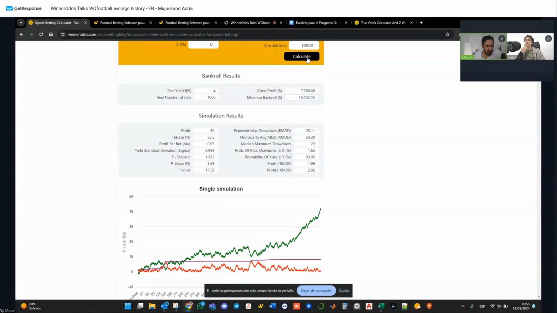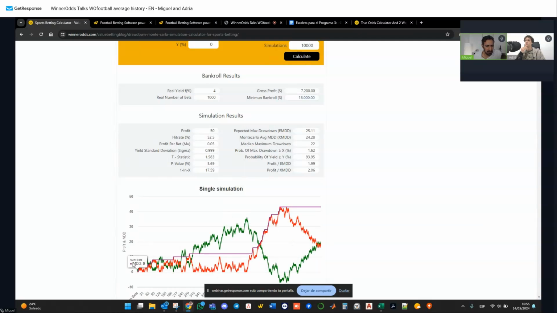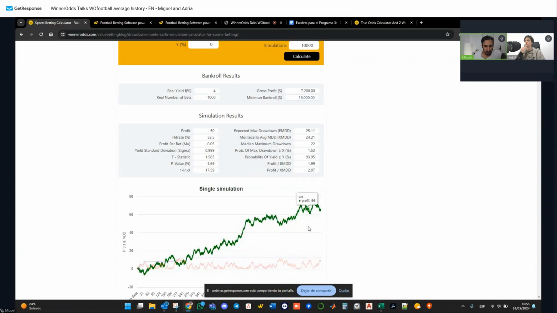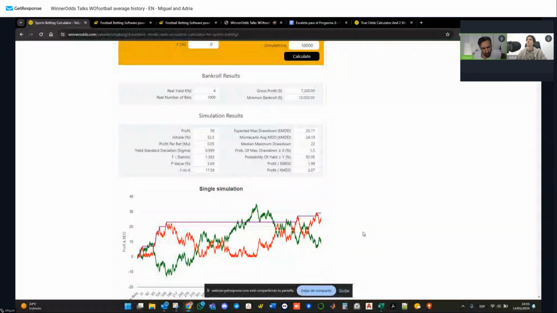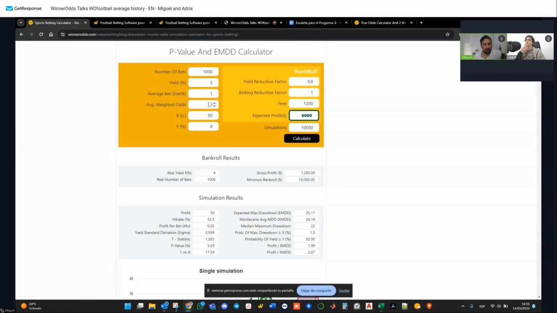So look here at the vertical scale. Sometimes we have 20, sometimes you have 60, sometimes we have 120. And in the long term, you will have the same results. So even 1,000 bets at these odds and with this yield is a relatively small sample. So it's something that you have to take into account and be patient.